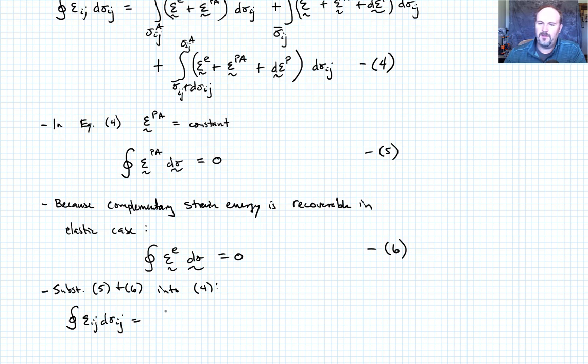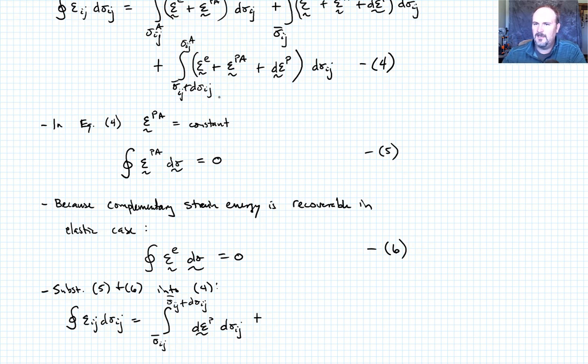And so we're left with this first term, which will be the integral from sigma ij bar up to sigma ij bar plus d sigma ij of d epsilon p times d sigma ij, right? And then the next one will be plus. And remember, on unloading, all these are constant. These have gone away, and this is actually a constant, right?